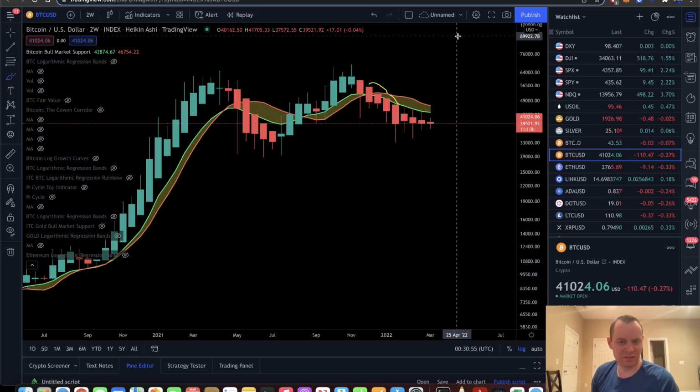The reason they're still red, you might wonder what makes them red or green. First of all, they're calculated differently, right? The price that you might get from a weekly candle or a 2-week candle is not just the closing price. It can be calculated as a combination of the closing, the open, the low, and the high price, basically just taking the average of those 4 metrics. So that's one way you can do it.